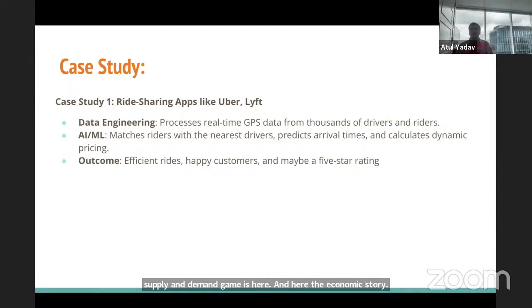During the peak times in busy areas, prices are increased slightly to encourage more drivers to log in at that time, because they need to motivate their drivers to be available during the peak times. Sometimes riders complain, hey, the prices are high during the peak times, why are they not normal?